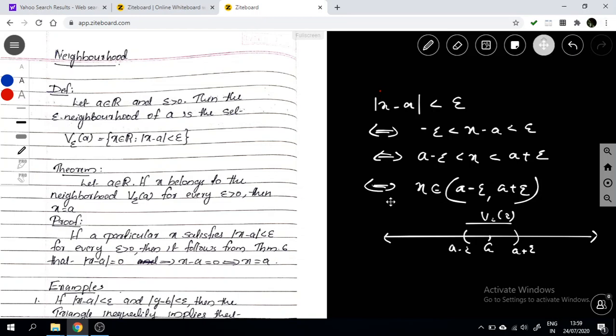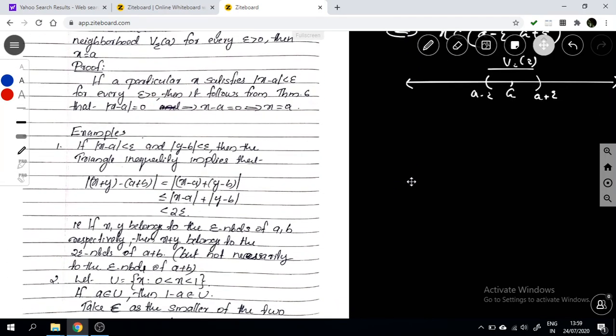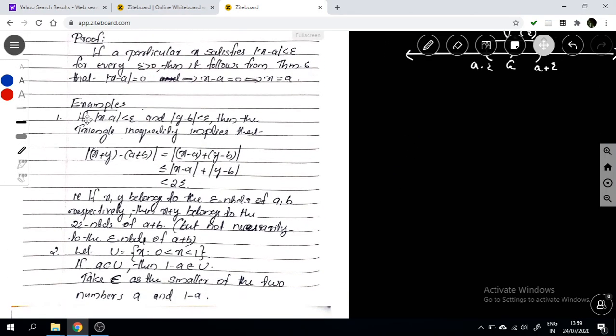Now come to some examples. Consider this example. Modulus of x minus a less than epsilon and modulus of y minus b less than epsilon. Then the triangle inequality implies modulus of x plus y minus a plus b, rewrite as modulus of x minus a plus y minus b.